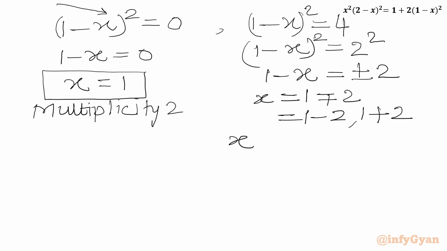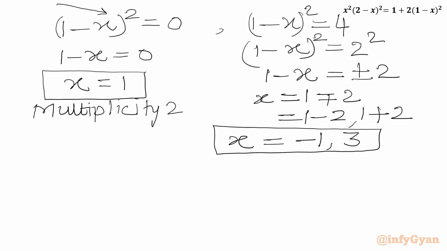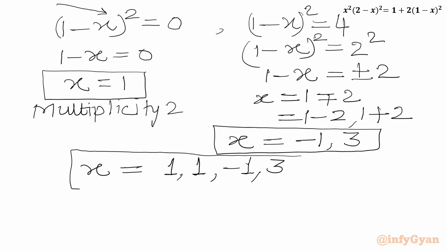So I can write here x equal to negative 1, x equal to 3. So in total we have 4 solutions of our quartic equation. If I write here x equal to 1 with multiplicity 2, so I can write 1 and 1. Then we have minus 1, then we have 3. This is our method number 1.